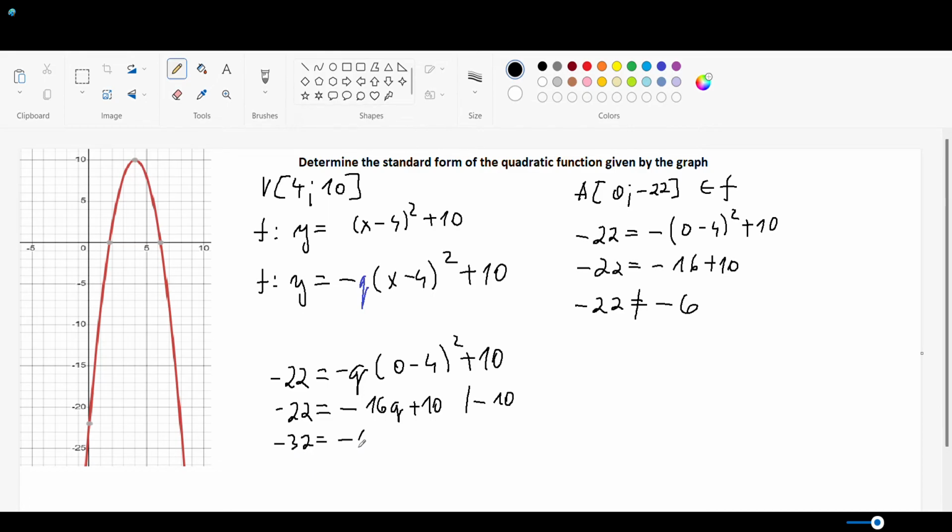equals negative 16q. Now you multiply the equation by 1 over negative 16, which I can write this way, but it's simpler to write it as times negative 1 over 16, and this would lead to q equals 2. Okay?